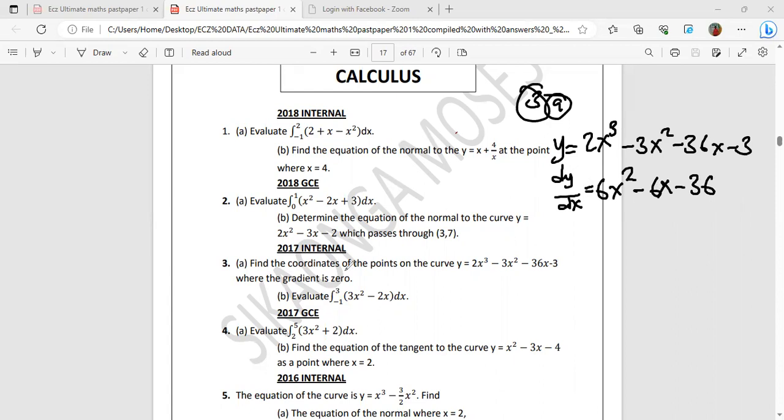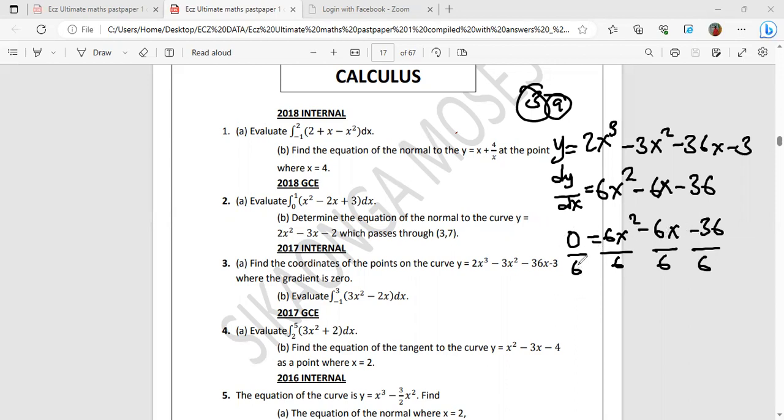Now we've been told that the gradient is 0, so replace dy/dx with 0. So we're going to say 0 is equal to 6x squared minus 6x minus 36. Now 6 is a common factor here, so I can divide everything by 6. Note that you only divide when you have a number that goes into everything you have.